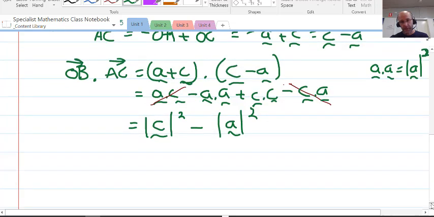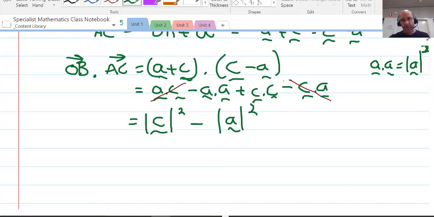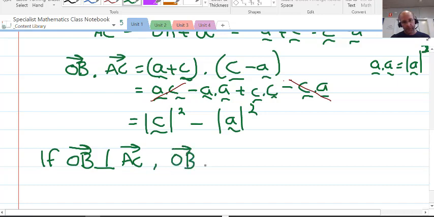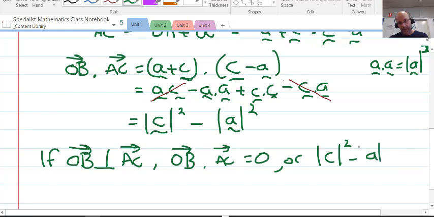Now basically, if they're at right angles, if OB is perpendicular to AC, then that relationship above, OB dot AC, equals 0.